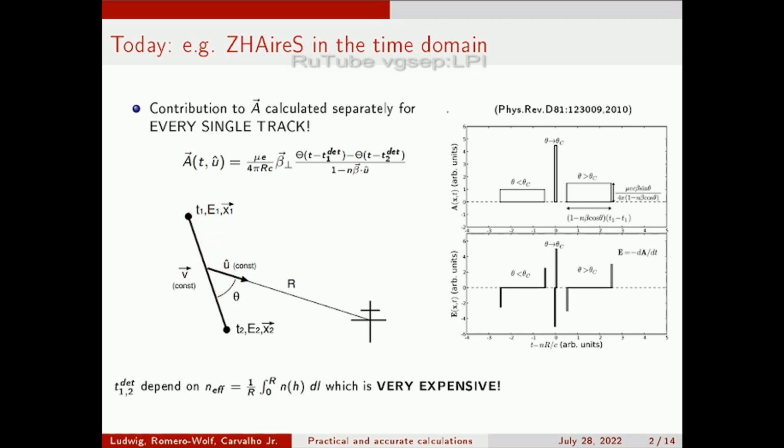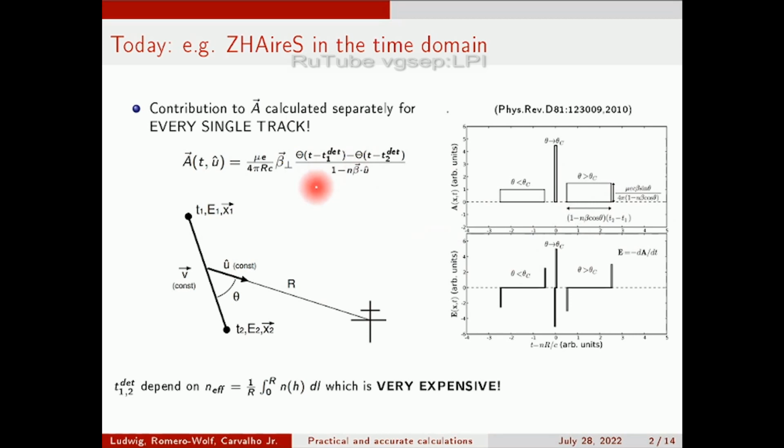So here you have constants, you have the distance to your observer, you have the starting and ending times at the emission point, you have the energy, and here you have a difference of these Heaviside step functions that basically gives you the time at the detector.